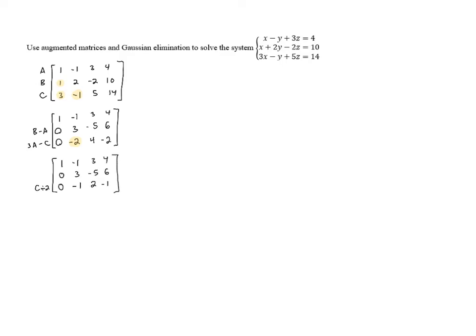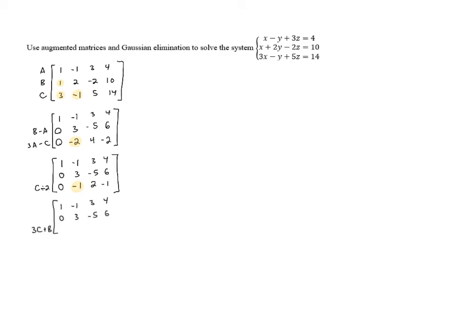Now, we still want to change this entry into a 0, but we're in a slightly better position to do that now. Here, we can take 3 times this last row, which would give us -3, and then add the second to last row to it, and that will give us 0. So we can replace row C with 3 times row C plus row B. Again, we're not doing anything to the first 2 rows, so we just copy those over.